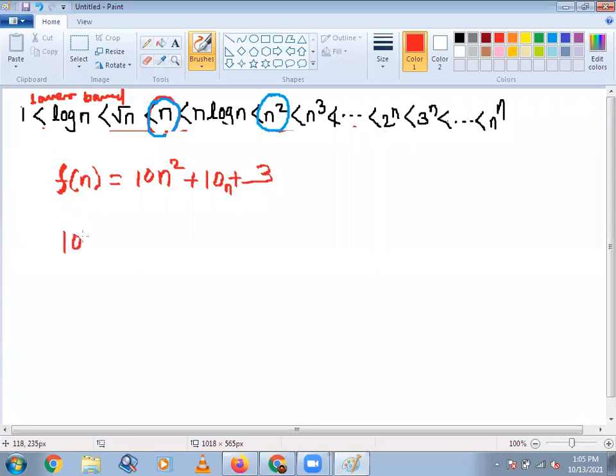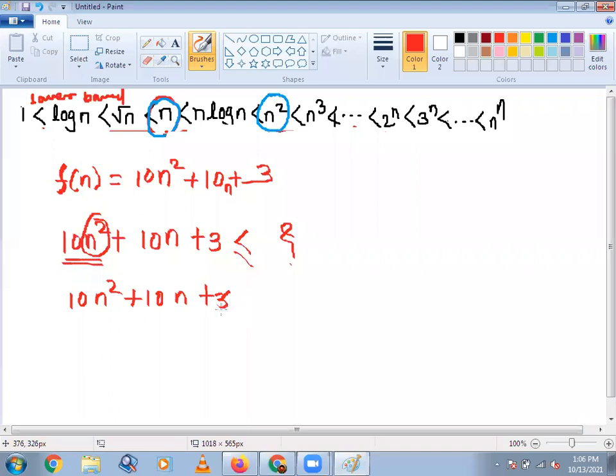Then 10n square plus 10n plus 3 is less than or equal to what? Here the largest power of the variable is n square. So 10n square plus 10n plus 3 is less than or equal to n square, and here which constant will we take? 11n square? Is it possible?